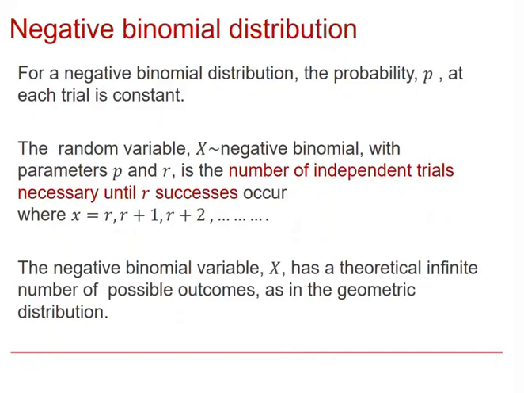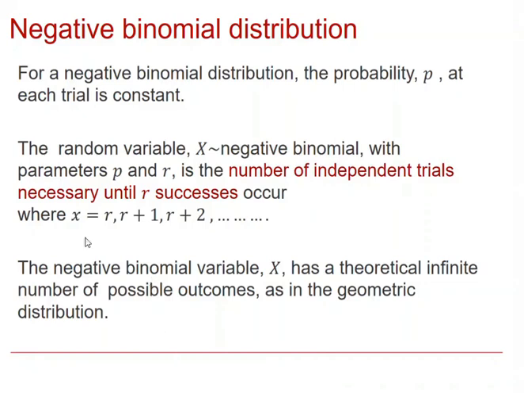Just as with the binomial and with the geometric distributions, with a negative binomial distribution, the probability p at each independent trial is constant. The random variable X, where X follows a negative binomial distribution, is the number of independent trials necessary until r successes occur.